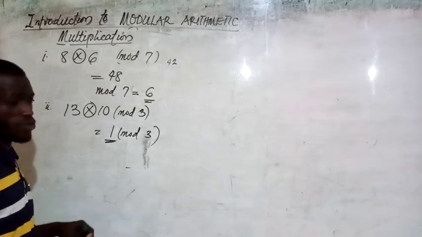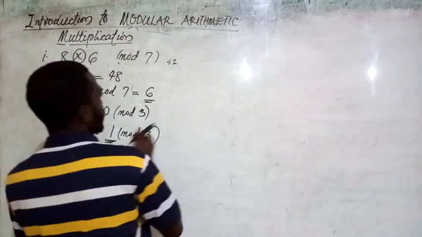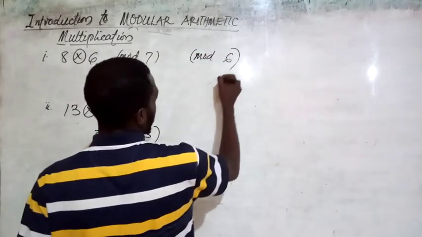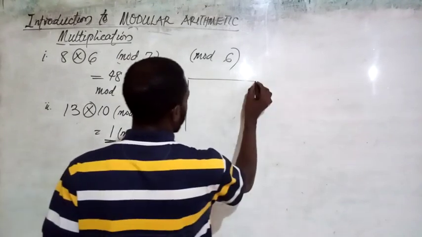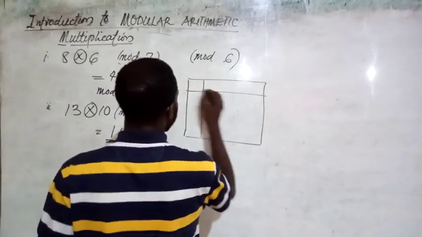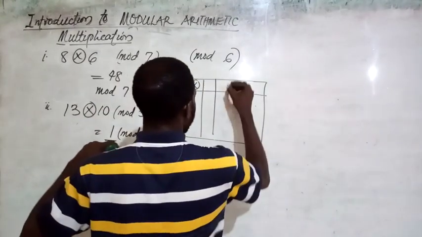You could now be asked to set a multiplication table in modulo. For example, let's set a modulo 6 multiplication table. That is going to be like this. We'll put this sign here, multiplication, and then we'll draw our table.